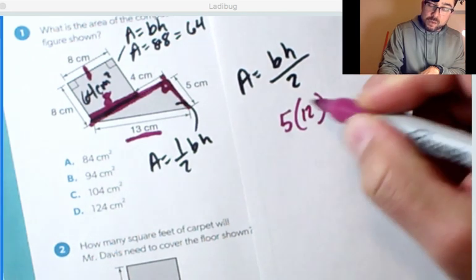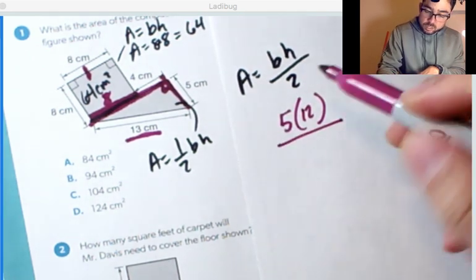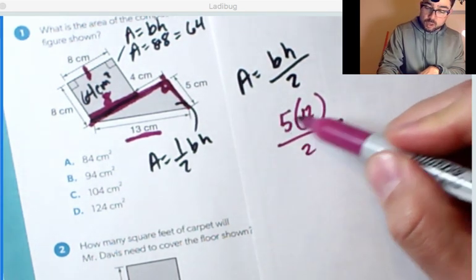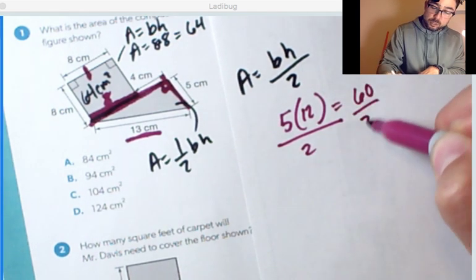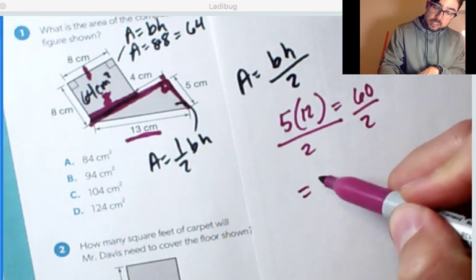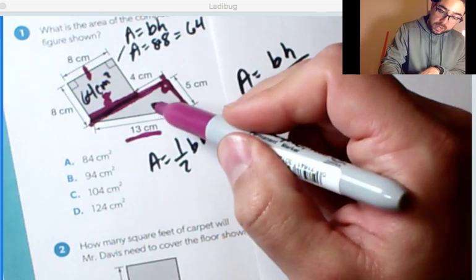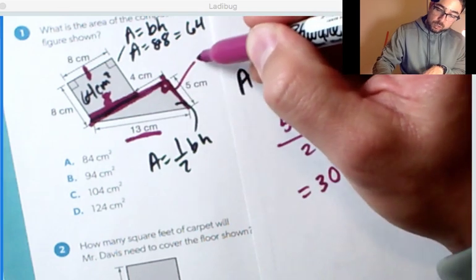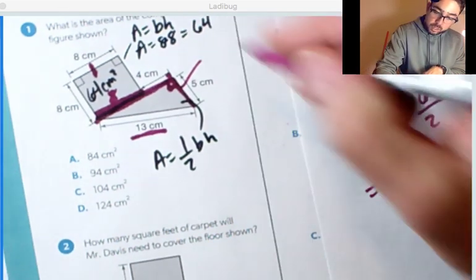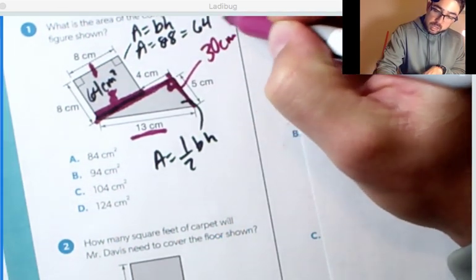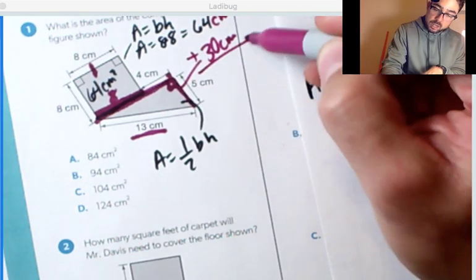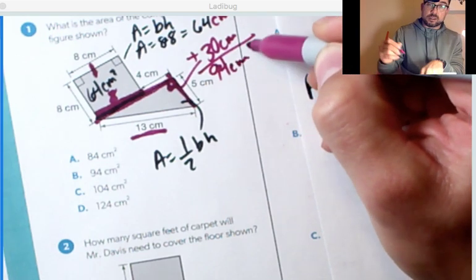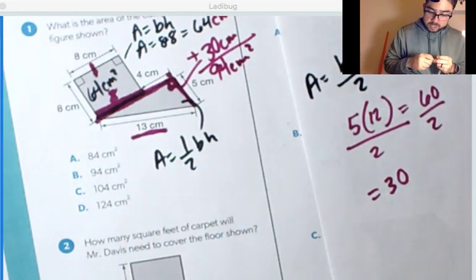So we have 5 times 12 divided by 2. 5 times 12 is 60, divided by 2 equals 30. So the area of that triangle equals 30 centimeters squared. The area of the square was 64 centimeters squared. We'll add the 2 of those: 94 centimeters squared.